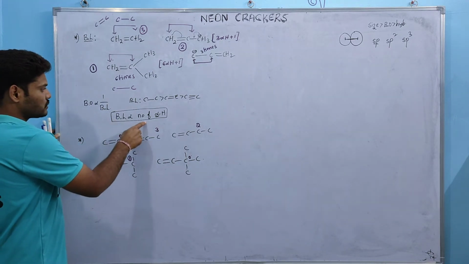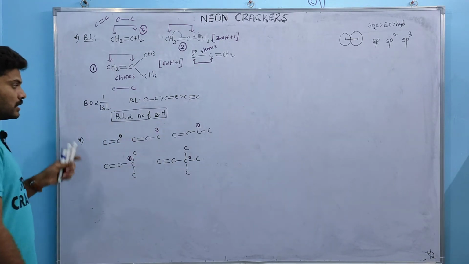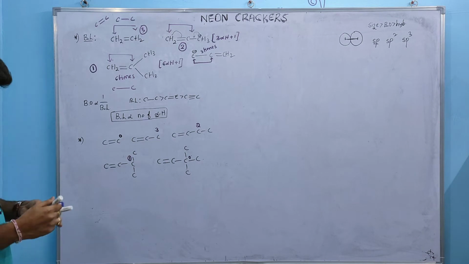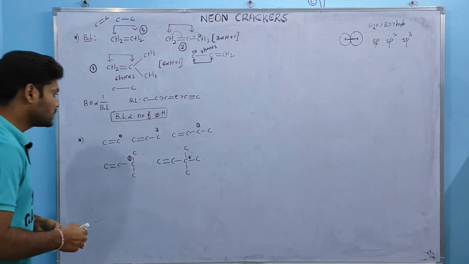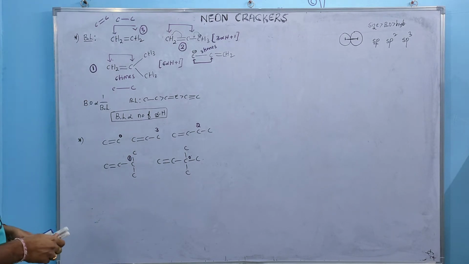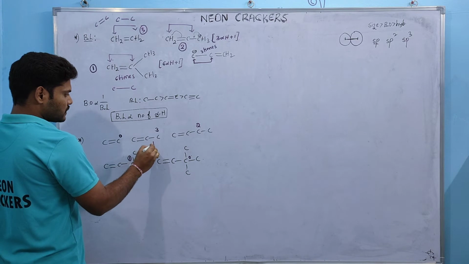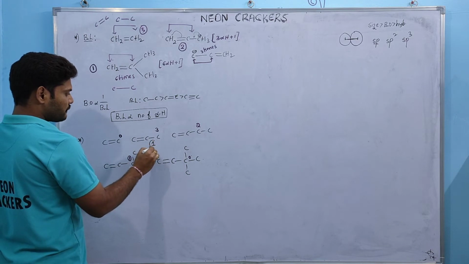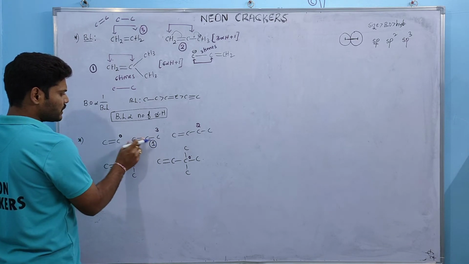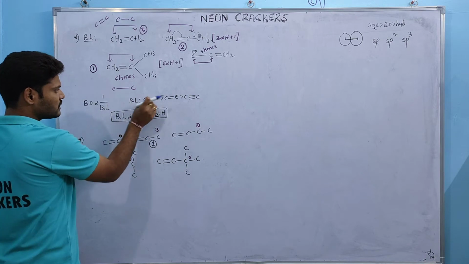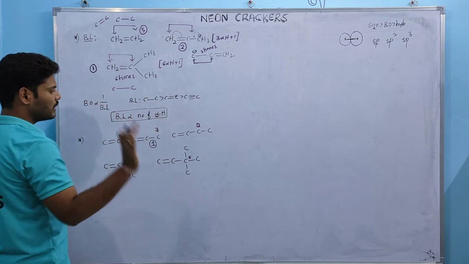Maximum bond length equals the number of alpha hydrogens. So which is first here? What is the order? This one has the maximum number of alpha hydrogens, so more times you get CC single bond, and that gives the maximum bond length.